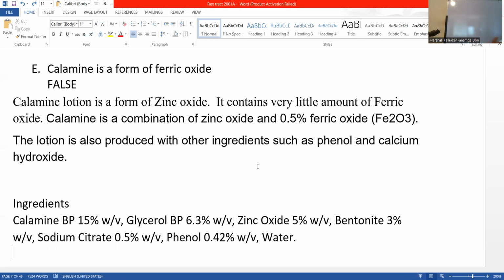Phenol is used as a preservative. Sodium citrate is a buffer. Bentonite is the suspending agent. Glycerol is a thickening agent to keep the lotion attached to the skin.